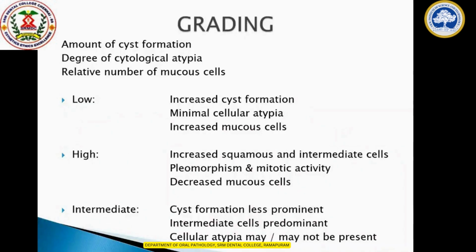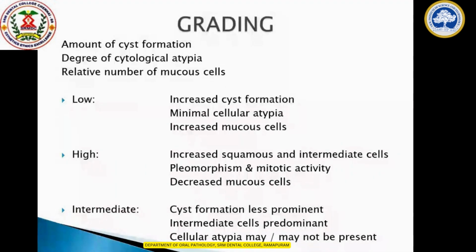So based on these three criteria, it is graded as low grade, intermediate, and high grade tumor. It is based on your cyst formation, degree of cytological atypia, and the proportion of cell types which is going to be there. So starting with your low grade.